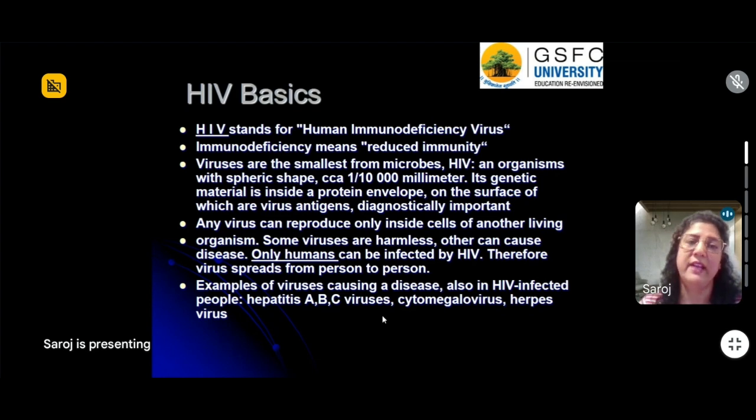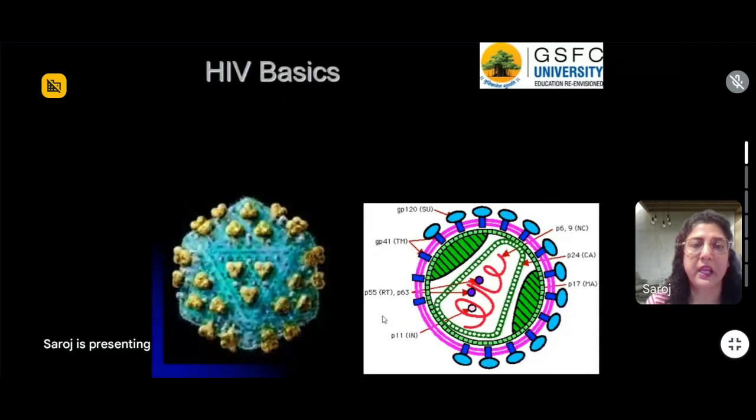For example, if you have HIV, you are very prone to be infected by hepatitis A, B, and C virus. You can have cytomegalovirus, CMV infection, you can also have a herpes virus infection, and it is all logical because we have already discussed that it is all because of the compromised immune system. So if your immune system is down, all kinds of viruses, bacteria, yeast, pathogens are going to be attacking your system. So that was all about the HIV.